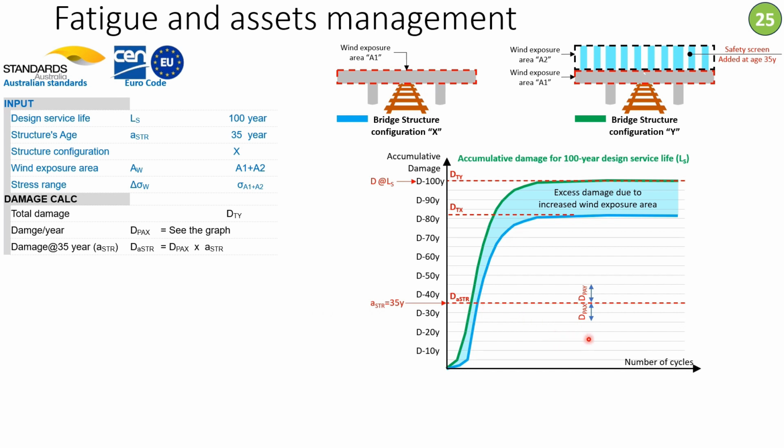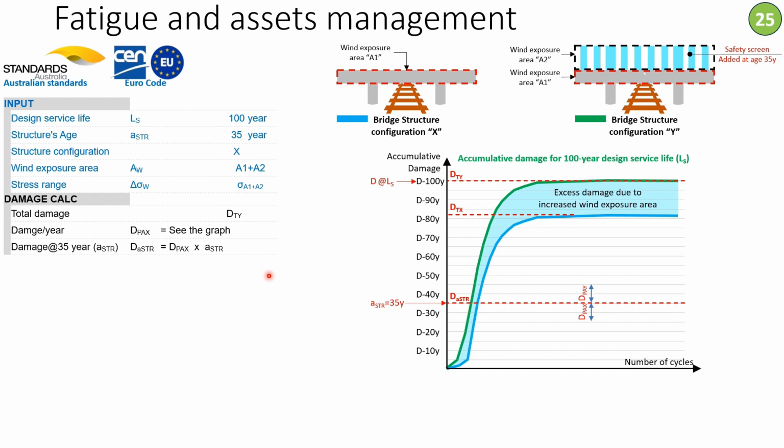One is before adding the safety screen, so we have an incremental damage per year before the age of 35, when the safety screen was added. And then we have another incremental damage per year after the age of 35 years, when the safety screen has been added.